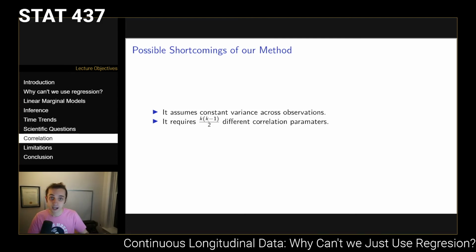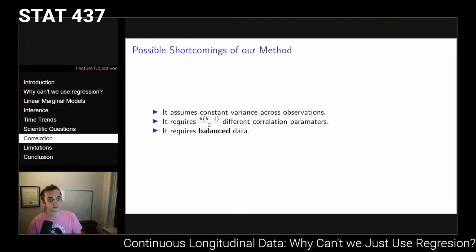But if k is now 10, I believe that's 45 different correlation parameters if we have 10 longitudinal points. And so very quickly, we're going to be estimating way more parameters than we likely have the data to estimate effectively. So that's going to be a problem.